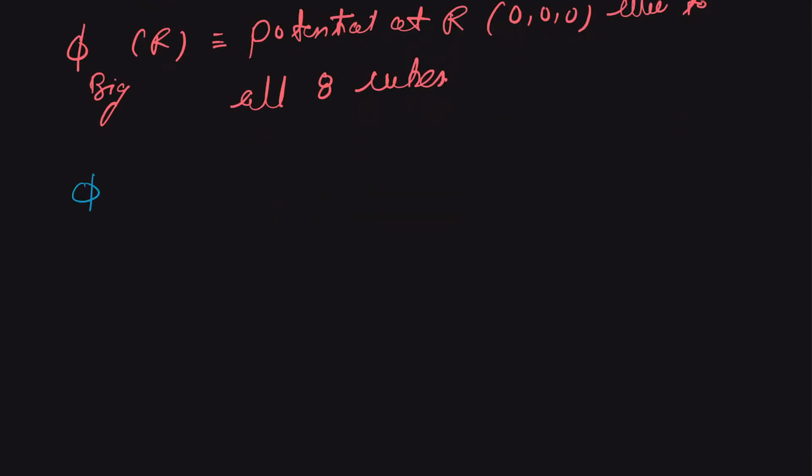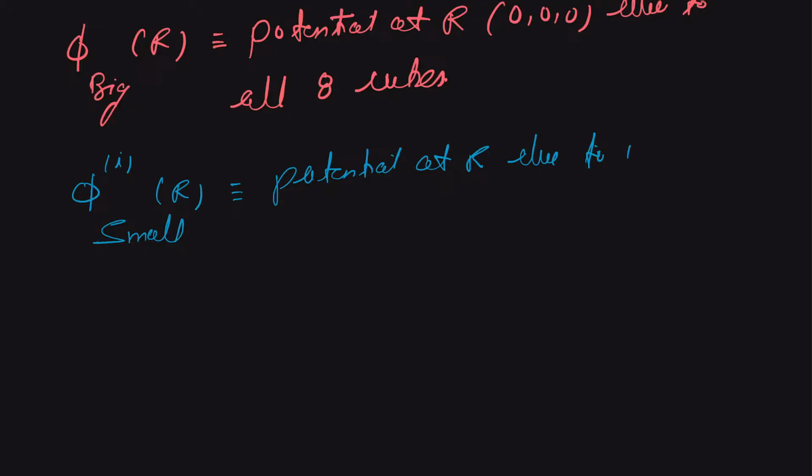Then we are going to have it for our small cubes at r. Here we are representing it with i because we have a number of small cubes. This is nothing but the potential at r due to the ith small cube corner.